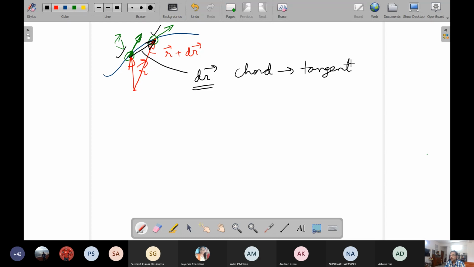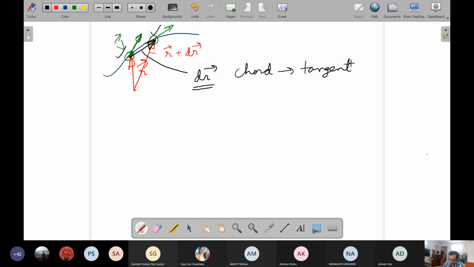So this is the definition of a tangent. So tangent is the limiting state of a chord when the 2 endpoints of the chord are virtually coincident.